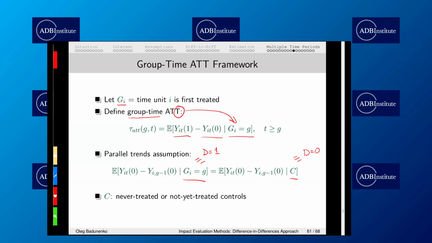So what we are saying in this parallel trend assumption is that those that were treated and those that weren't treated had the same tendencies, right? Now here C implies never treated, or by the same token G_i equals plus infinity, so that it may be treated somewhere very far in the future, right? So that's the same notation.